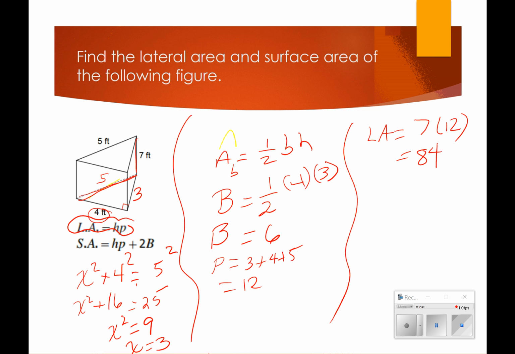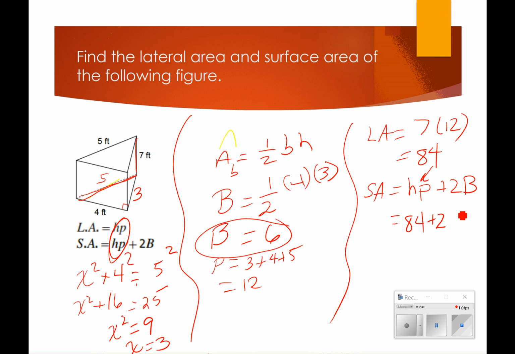Now, the nice thing is, notice that for my surface area, these are the same. So the lateral area is always going to be part of the surface area. Our surface area is HP plus 2B. The HP is 84, and then we found the area of the base to be 6, so plus 2 times 6.